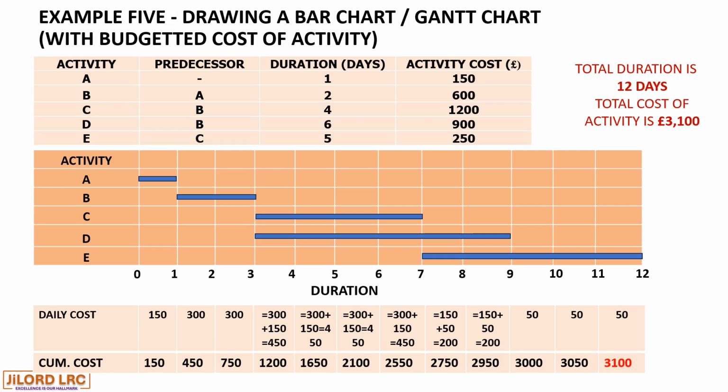By the end of day 7, activity C attracted another 300, whilst activity D attracted 150, adding up to 450, and this 450 added to the previous day's cost of 2,100, making 2,550 by the end of day 7.